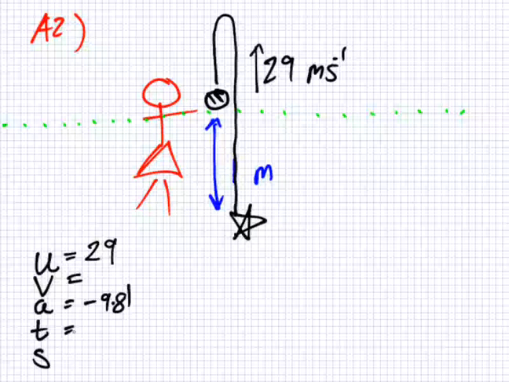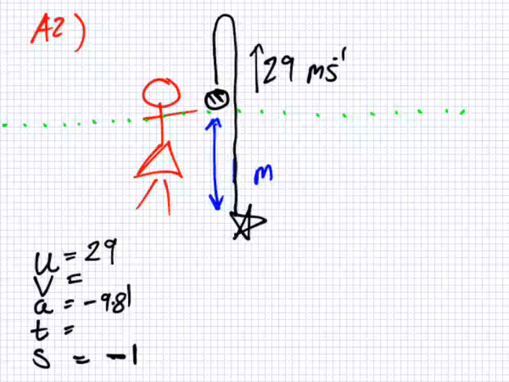And we'll take this here as ground level. So what's going to happen is the ball is going to go up and down and hit the ground here. And the speed at the beginning is 29 meters per second. How long until it hits the ground?